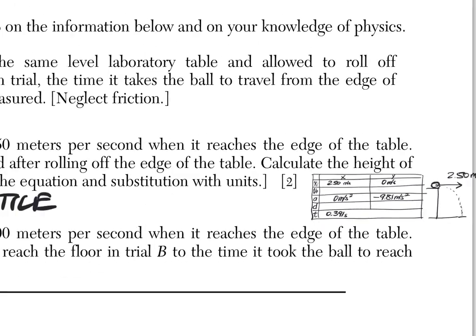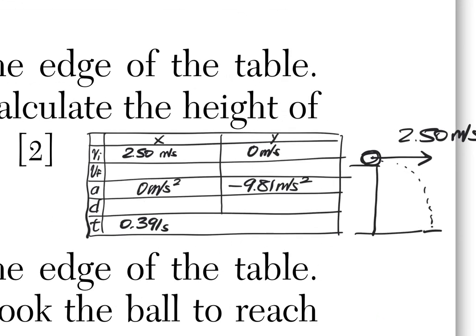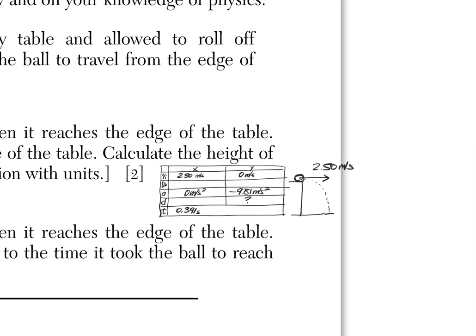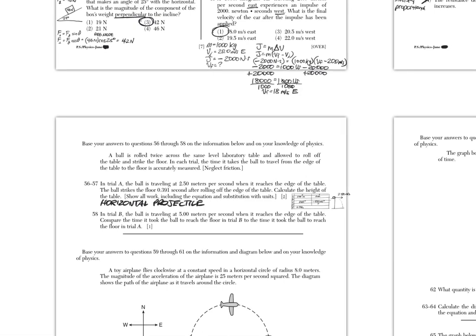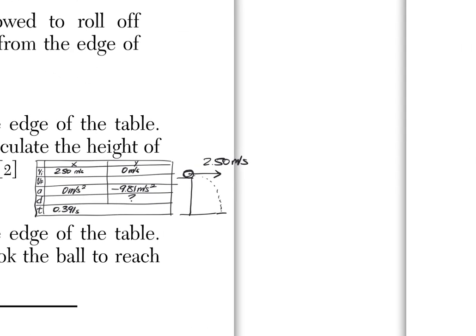All right, fine. And it says, what is the height of the table? So that would be this guy right here. To solve for the height of the table, I'm going to do it over here. I can say d is v_i t plus 1/2 a t squared with the y information, because the height of the table is a y displacement.